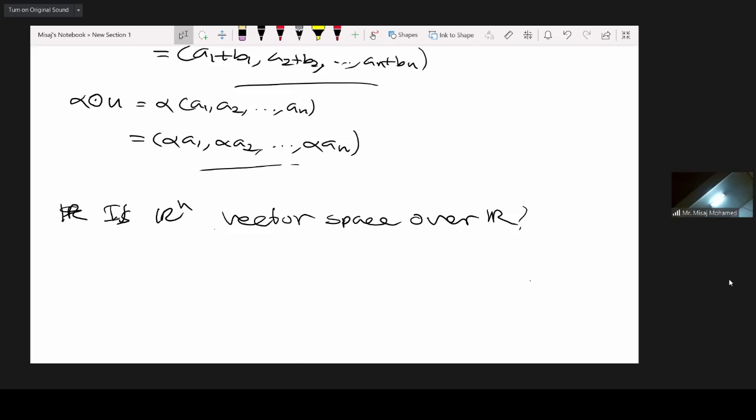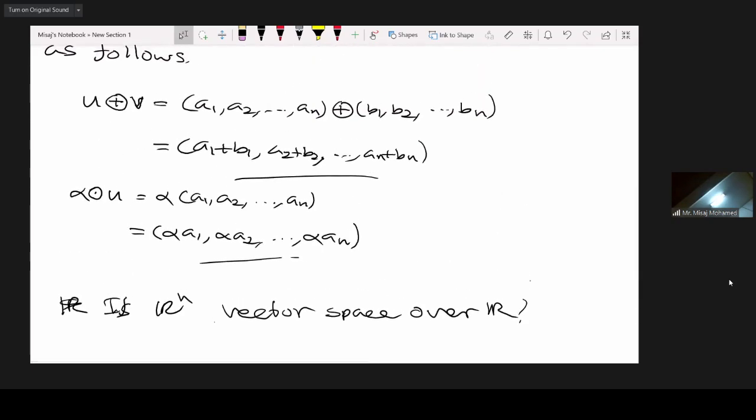Give me an idea now. You have to go one by one, using this addition and multiplication, and check the 8 properties. Yes, the other 8 properties, okay, no problem. So already 2 are given.